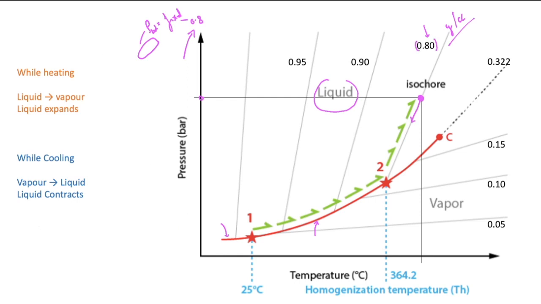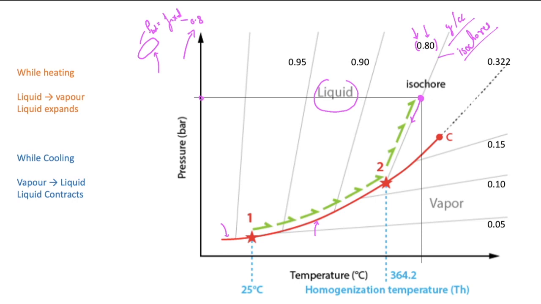These lines are also called isocores. Isocores means fixed volume, and we know volume is fixed. And because it is a closed system, density is also fixed. So this volume is represented by this isocore, which has a density of 0.8.